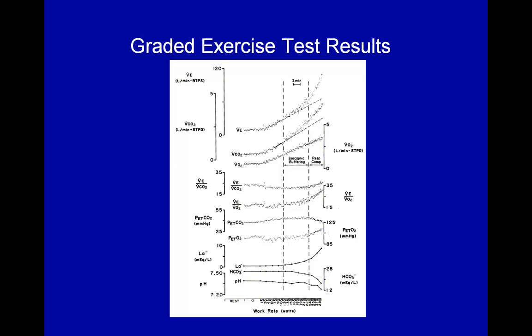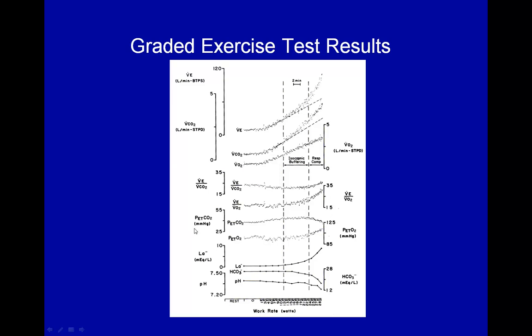So we're going to be expressing VO2 on this axis with a scale of 0 to 5 on the right, and VCO2 on a scale of 0 to 5 liters per minute, both at STPD. We're going to be taking minute ventilation and dividing it by VCO2 and by VO2 and graphing those out, and those are called the ventilatory equivalents. We have a ventilatory equivalent for CO2 and a ventilatory equivalent for oxygen.